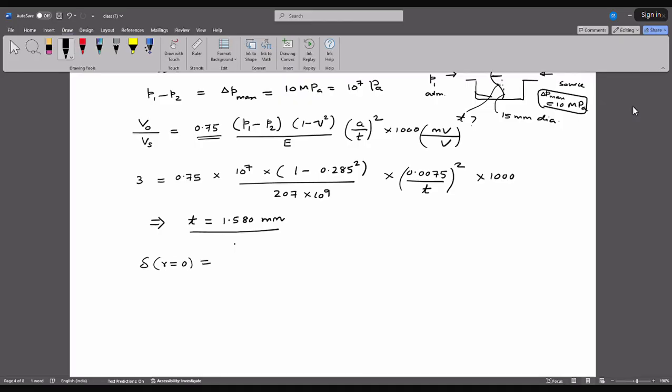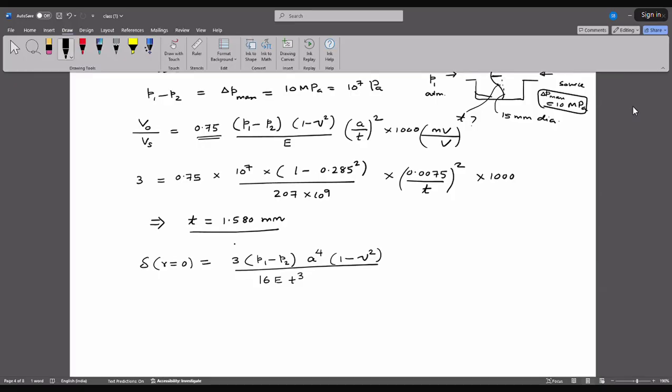The formula goes like this: 3 into P1 minus P2, then the radius to the power 4, 1 minus nu square, divided by 16 E into T cube.